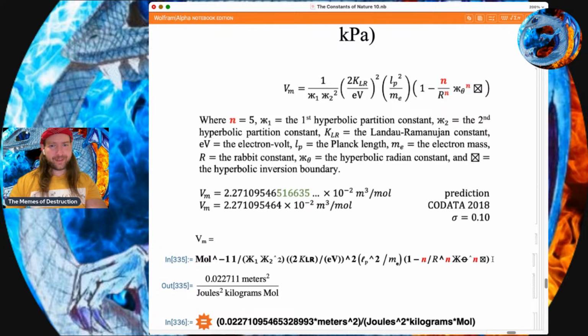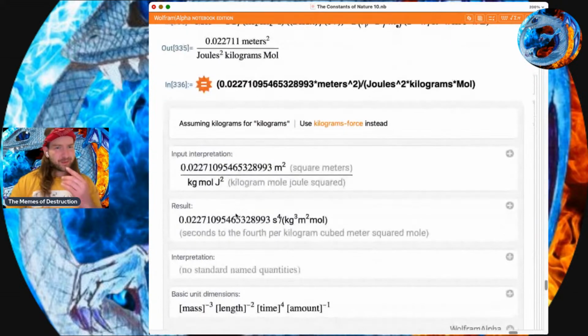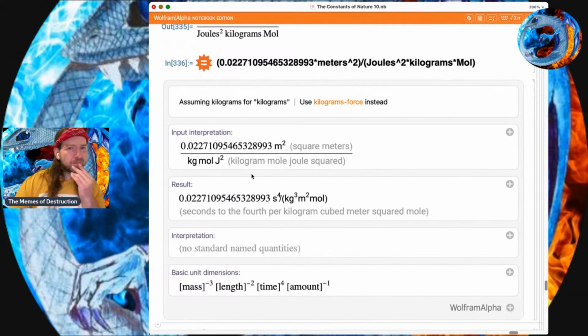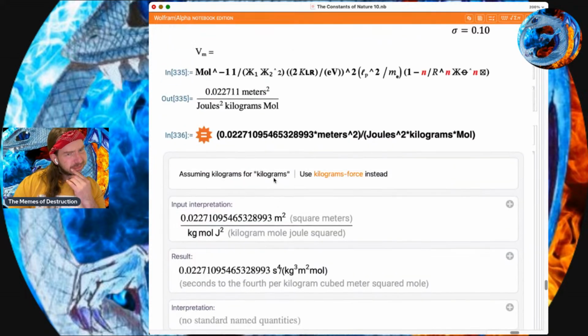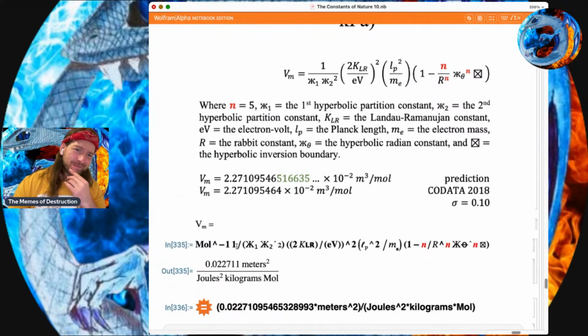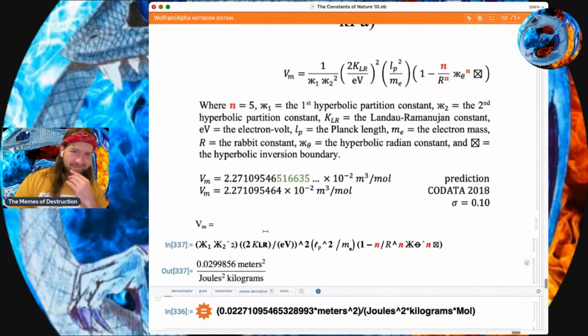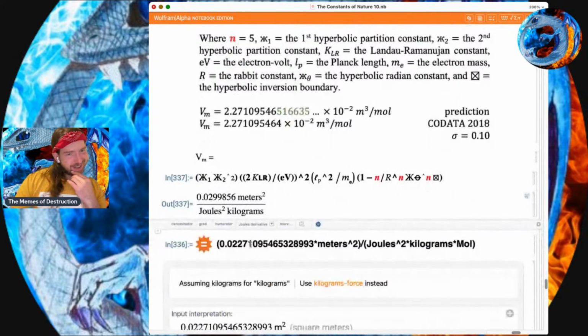Okay. Square meters. What if I took out the 1? Nah, that changes it too much.